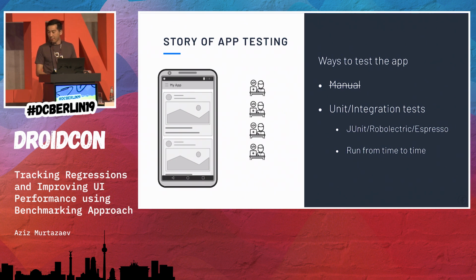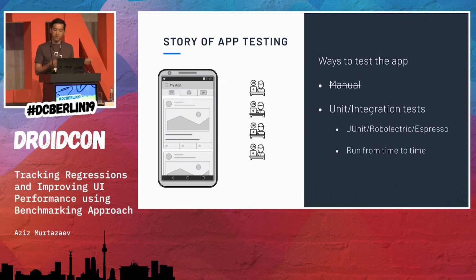You slowly start realizing that running tests from time to time is not great either. In between the time when you ran tests previously and this time, there might be some breakages, and you will be going back and fixing all this.